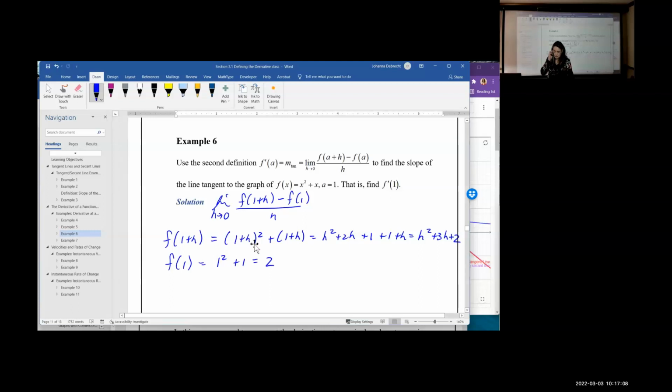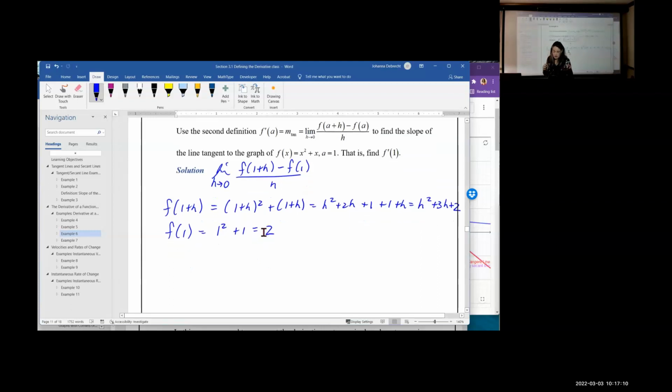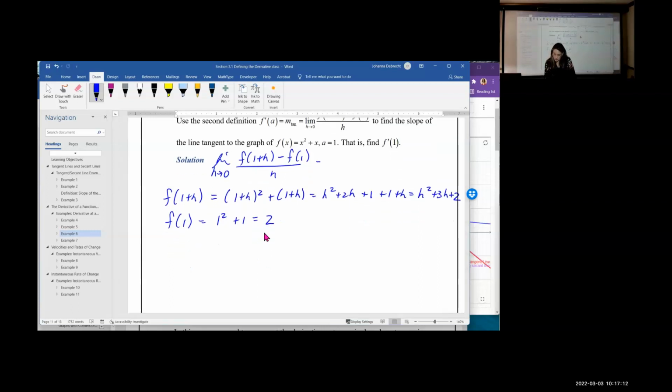All right. Now I'm going to substitute that into my function up here, which is going to give me the limit as h goes to 0 of h squared plus 3h plus 2 minus 2 all over h, which becomes the limit as h goes to 0 of h squared plus 3h over h, because the 2's cancel.